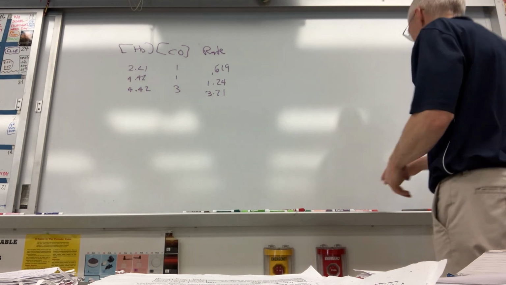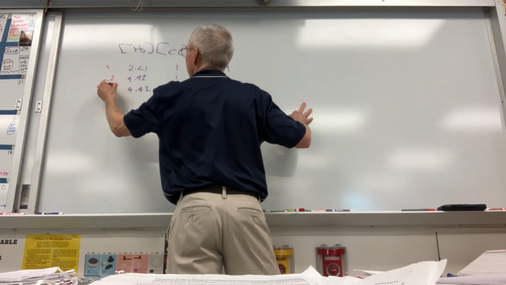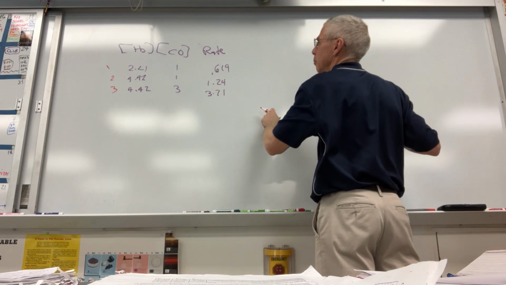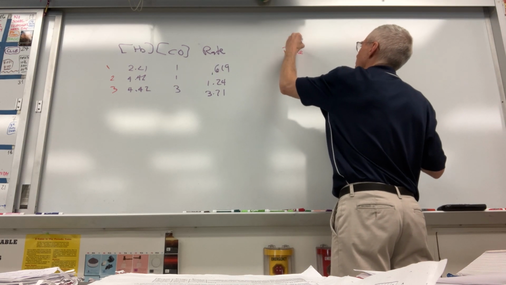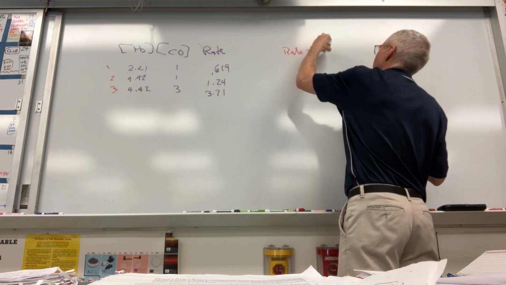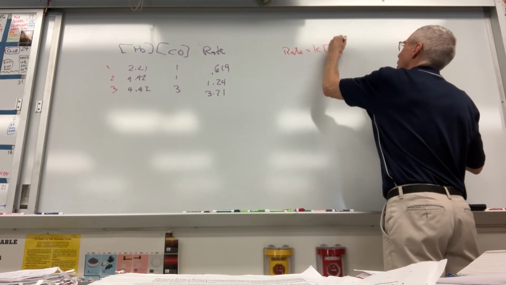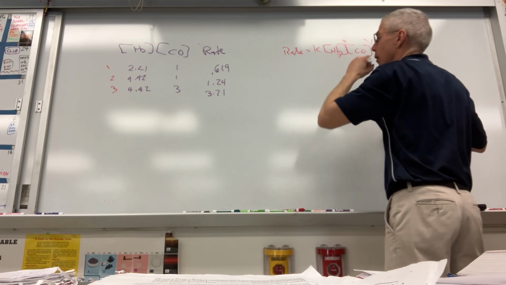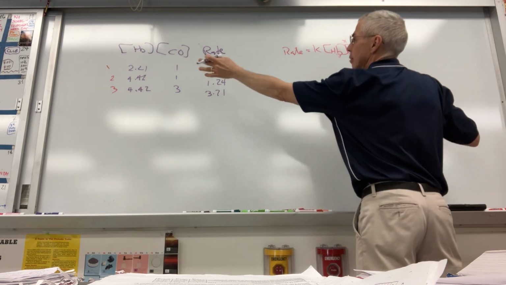We're going to call these set 1, set 2, set 3. Since CO is not changed from set 1 to set 2, the rate equation is going to be equal to K, concentration HB to some X, concentration CO to some Y. I'm going to do number 2 first, since it's a larger value.